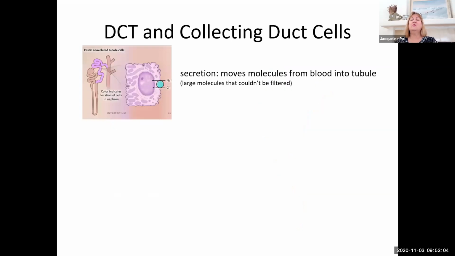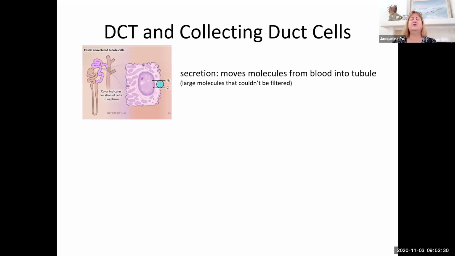After the loop of Henle, we move on to the distal convoluted tubule. And here we're not really dealing with reabsorption anymore, but this is kind of like a second chance place for secretion to occur from larger molecules which could not get through the fenestrated capillaries of the glomerulus. They now have a chance to enter the filtrate in the distal convoluted tubule.